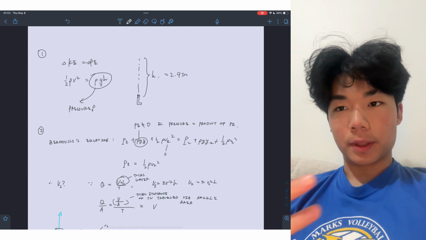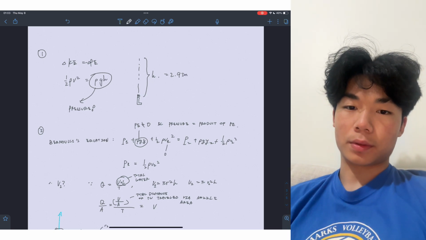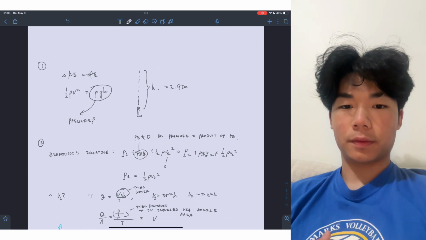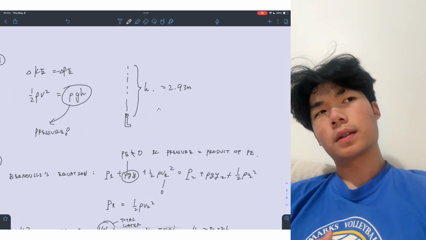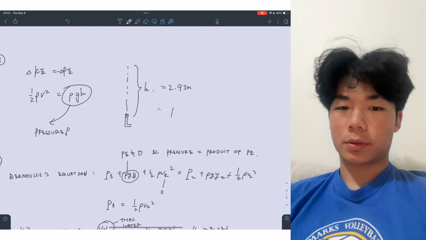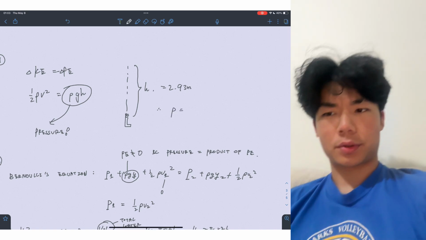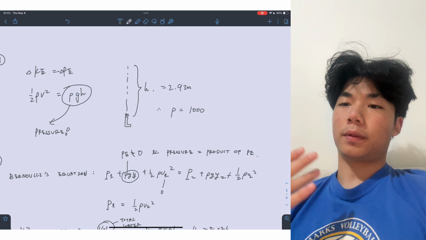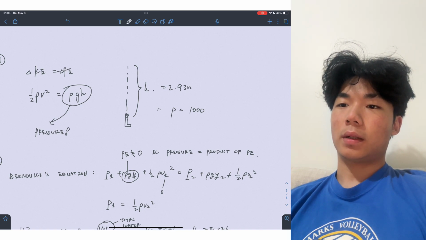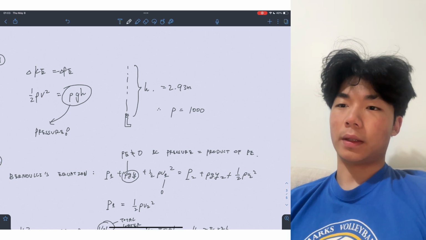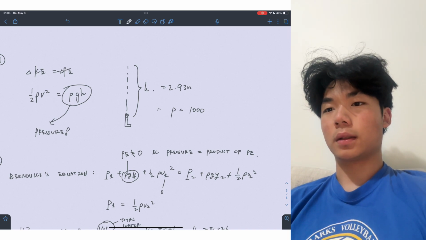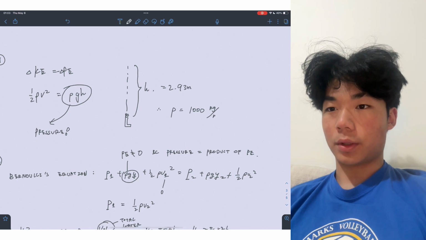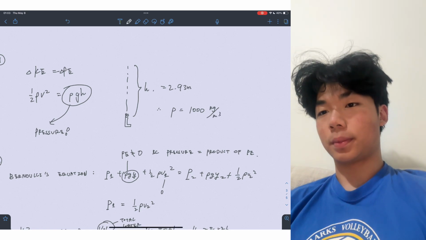However, in America, we also use PSI, which is pounds per square inch, something like that. But if you want to convert Pa to PSI, you just have to multiply it by 14, which I just have to plug in.